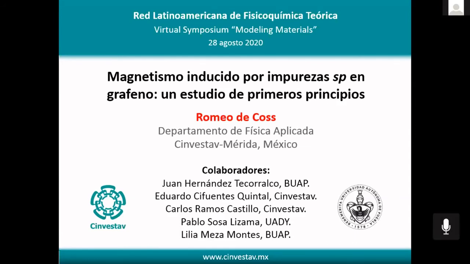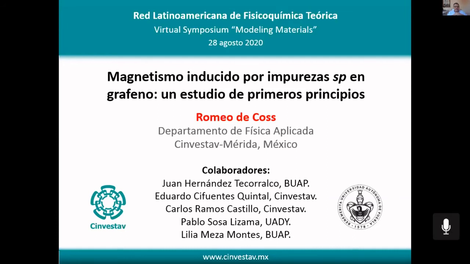So I start. In this talk we are presenting results of a first principles calculation study about the sp impurities in graphene, and some of them induce magnetism, and we are very interested to understand how this process occurs.